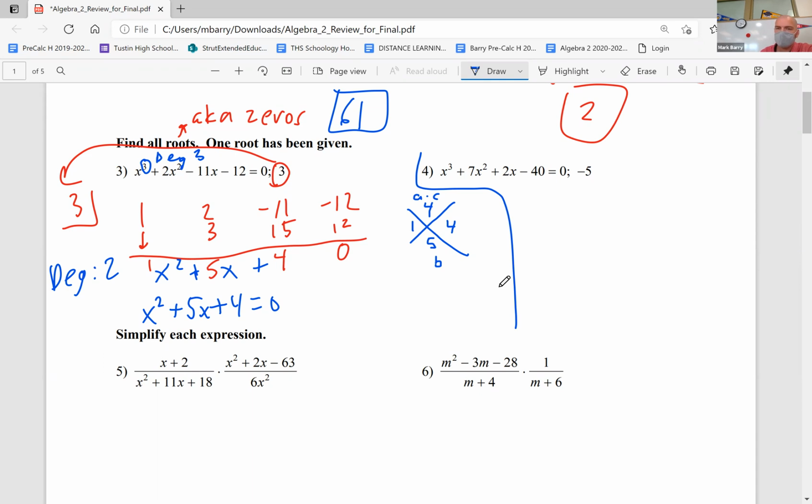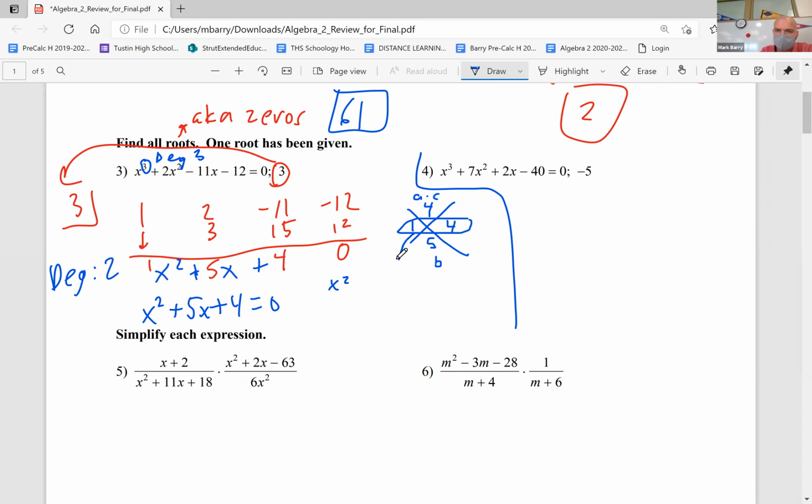All right. So then we have to rewrite this expression here. We're going to write it as x squared, and then we split up the middle term here. We split up the 5x according to these guys.